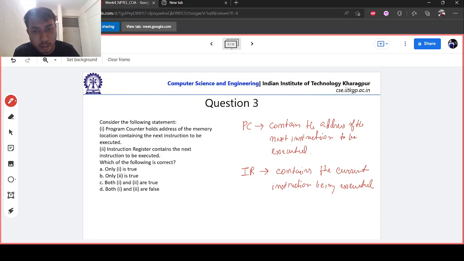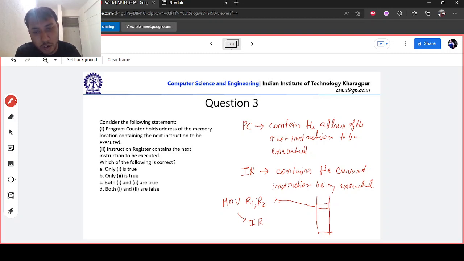So if we have the instruction move R1 comma R2, that is the current instruction that is being executed, then IR contains this. Suppose this is the memory, and here this instruction is stored.